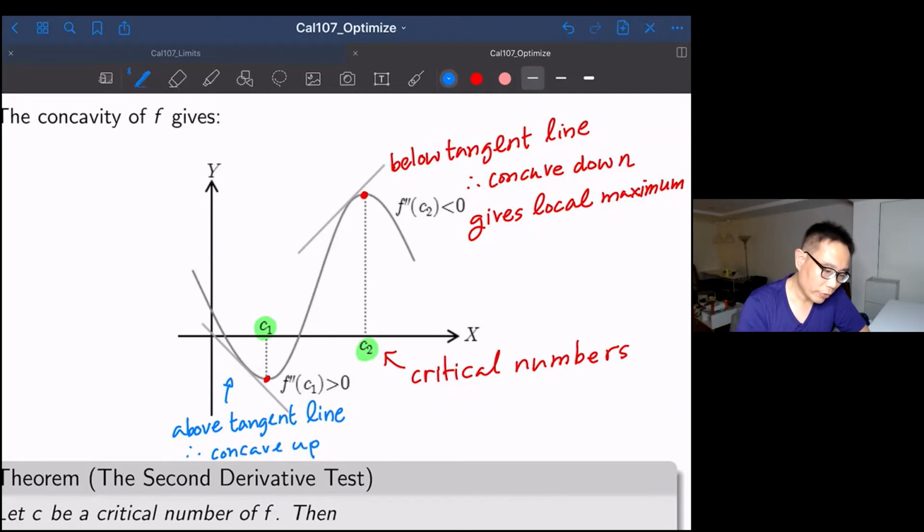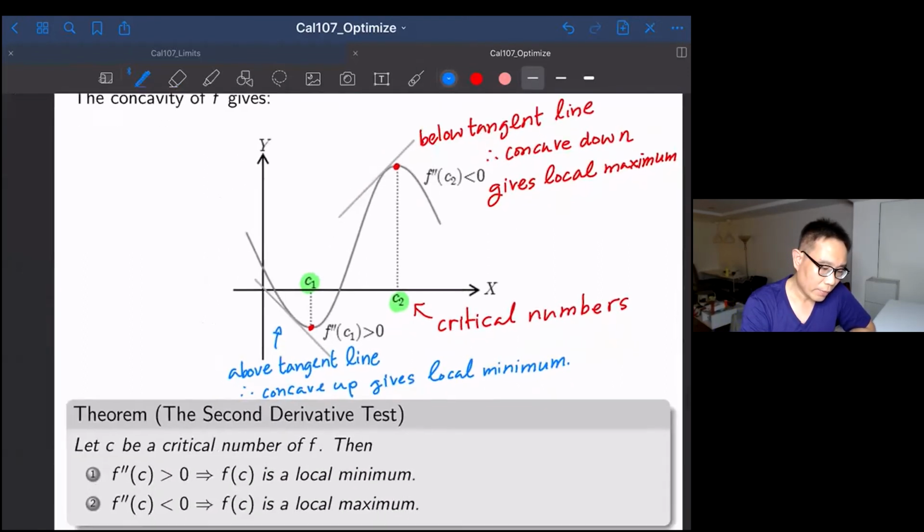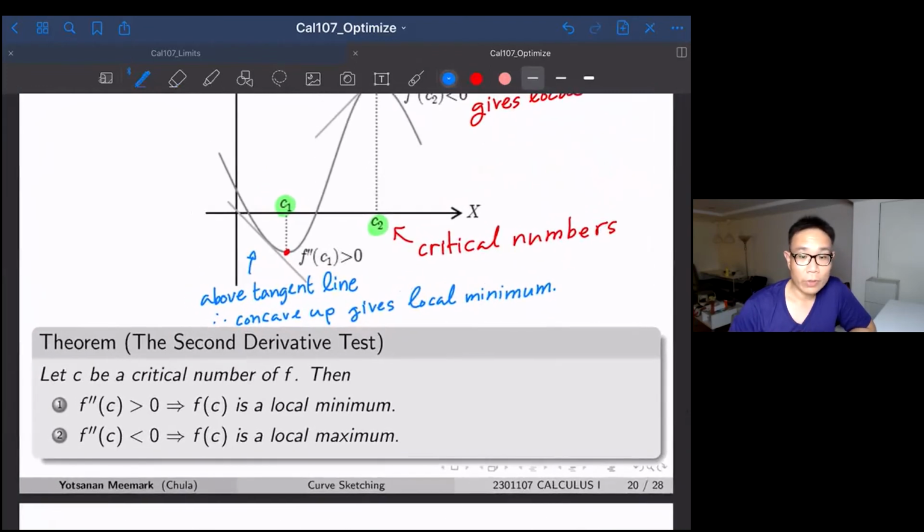The concave up arc will give a local minimum. So this guy is local max and this guy is local min, and this can be concluded in terms of the test for local max and local min.